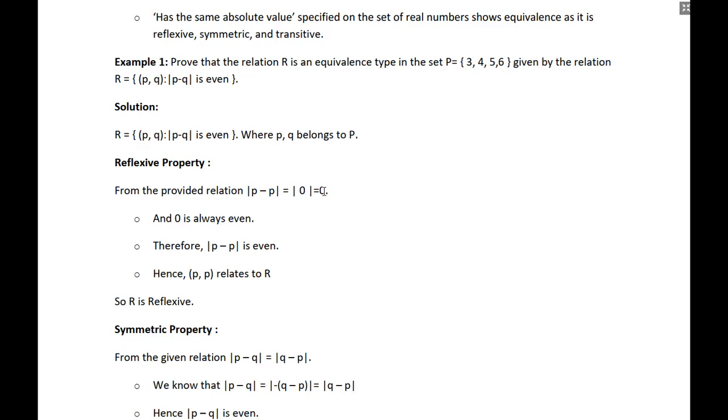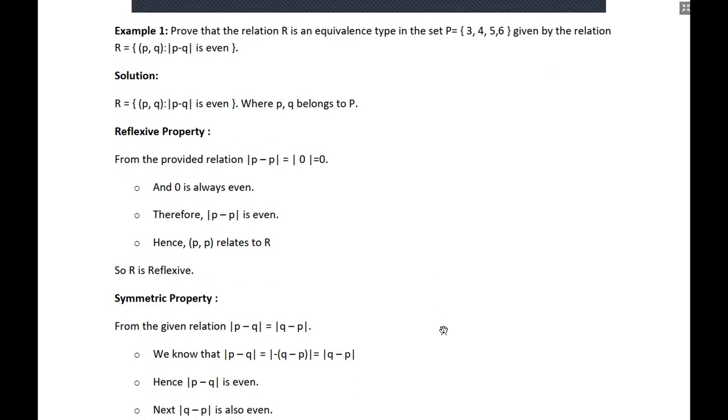So we can say that every number of this set is related to itself. This justifies the reflexivity of the relation. And 0 is always even, therefore P minus P is even. Hence, we can say that (P, P) is related to R. So R is reflexive.